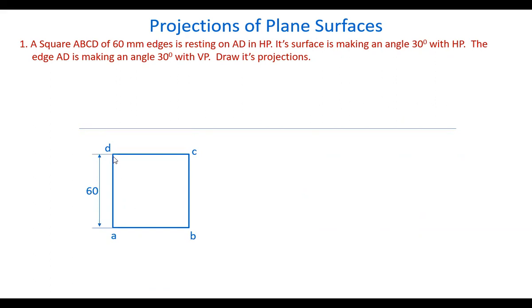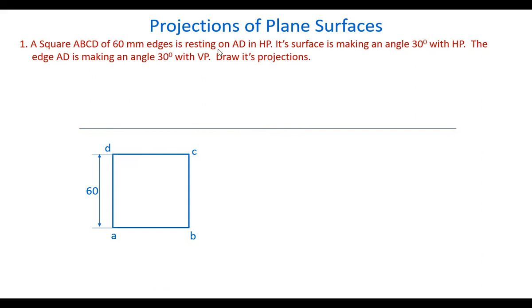Here, care should be taken while drawing the top view. The top view is drawn first, and the square is drawn here, because its surface is making an angle with the HP. That is the first thing. That means the plane should be either parallel to HP or in HP.